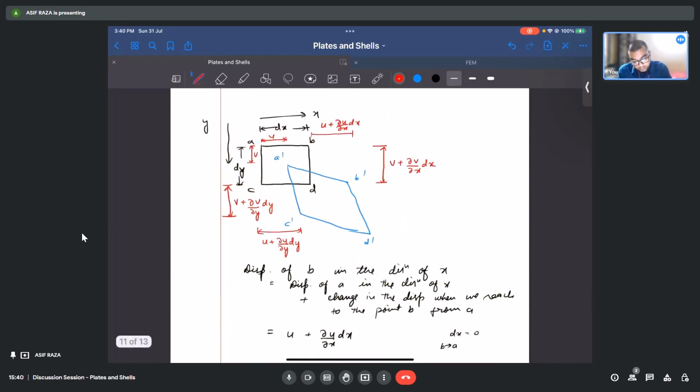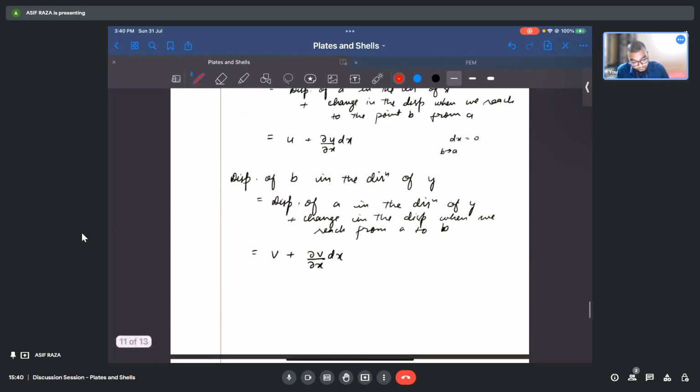So we now have the displacement values of B and C and A. Either we can find the displacement value of D from B to D or from C to D. So let's first proceed from B to D and see what we get.